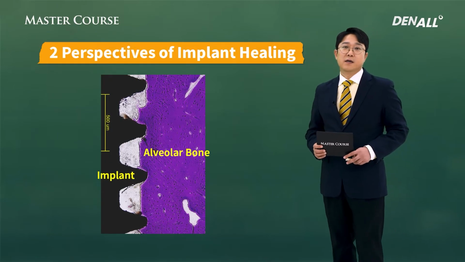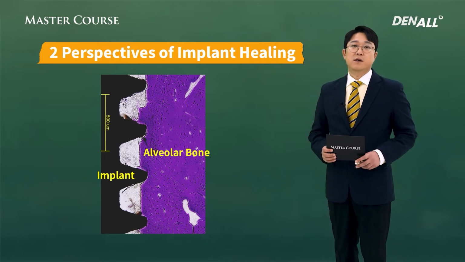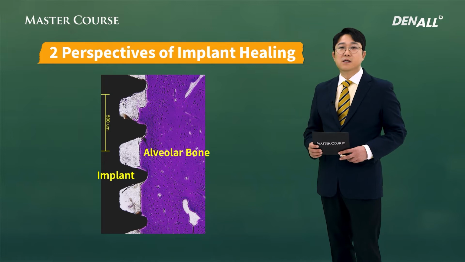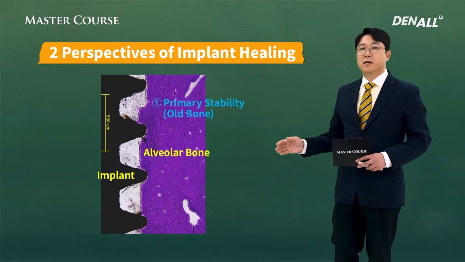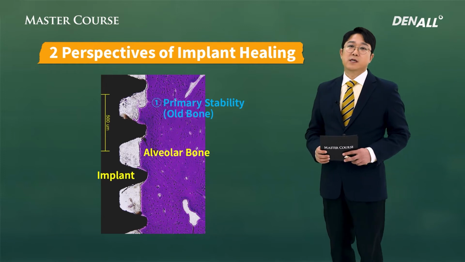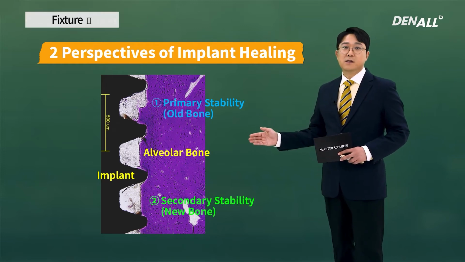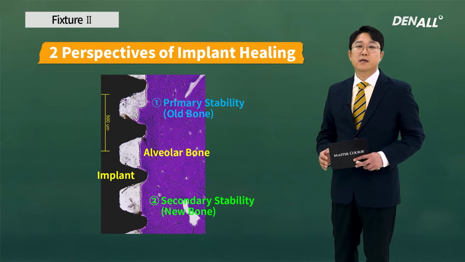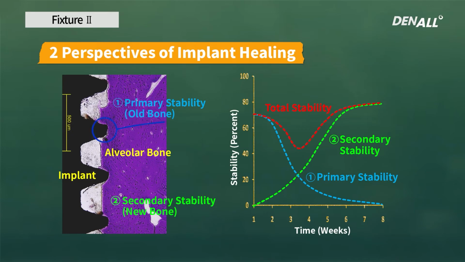Whatever definitions are used, there are two perspectives of explaining when it comes to the implant healing. The first one is the primary stability of an implant. The second one is the secondary stability, which is the osseointegration. The primary stability: after a drill hole is made in bone, the implant is placed.